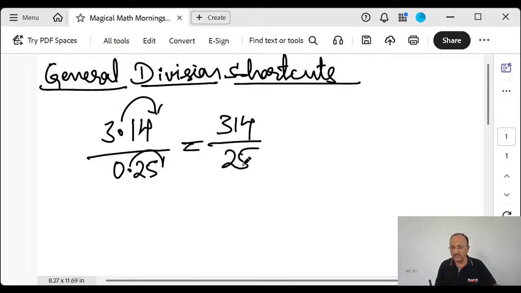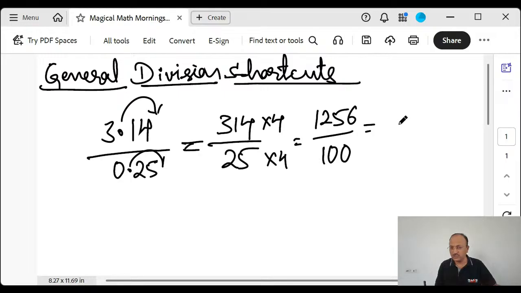Now dividing by 25 is what? 25 into 4 is 100. So this also, in the mind itself, we will multiply by 4. So it will come double and double. You'll get 628, 1256. It is very easy to write this. Two zeros are there, therefore two places will leave and keep the decimal: 12.56.